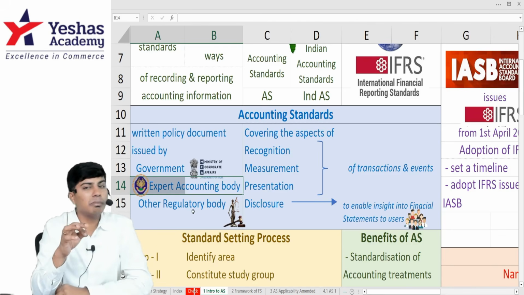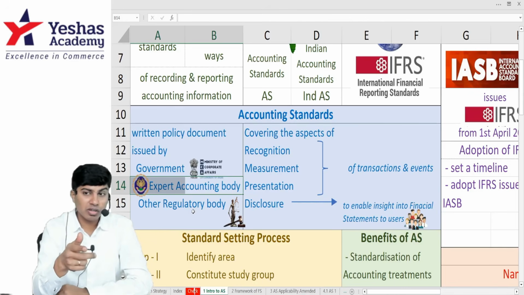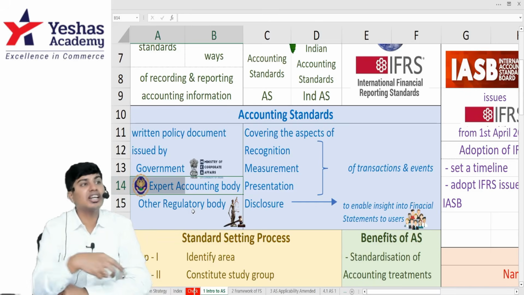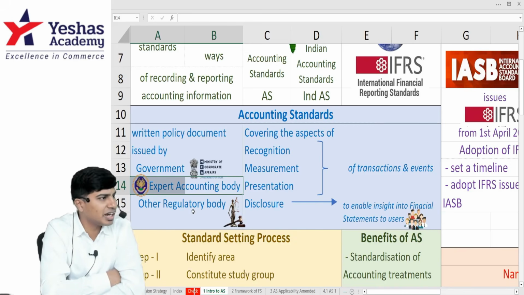Expert accounting body. Who is the expert when it comes to accounting? Chartered accountant. What is the expert accounting body? Institute of Chartered Accountants of India, ICAI. ICAI is the institute which regulates accounting standards in our country.